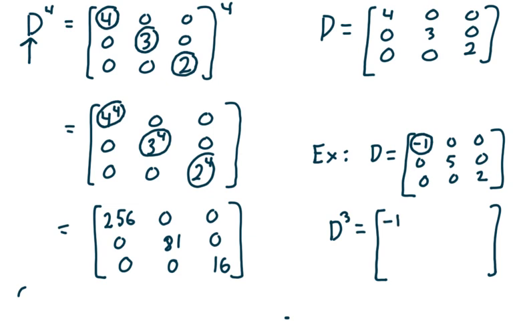That's going to give me -1. The rest of the entries in the first row are all 0. Then I put a 0, and then I'm going to take 5 and raise it to the 3rd, which is 125. Then I put a 0, and then 0, 0, and then I'm going to take 2 and raise it to the 3rd to get 8. So it's very, very straightforward to take a diagonal matrix and raise it to a power.